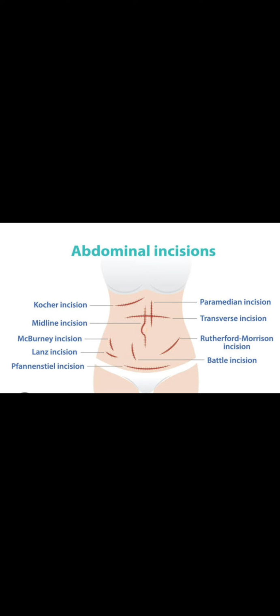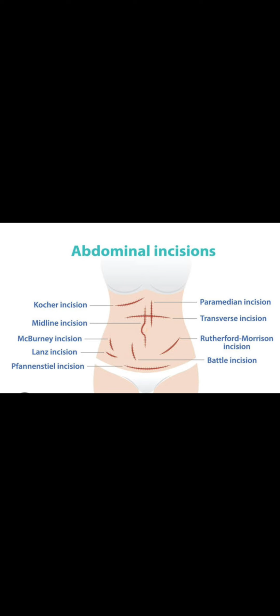Another one is the Lanz incision. The Lanz incision is in the right iliac fossa for appendicitis. When we are doing an open appendectomy, we use a Lanz incision, and another one is the grid iron incision.